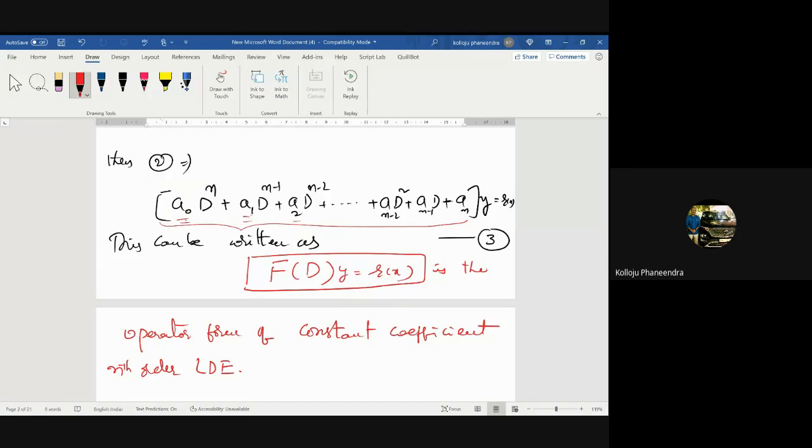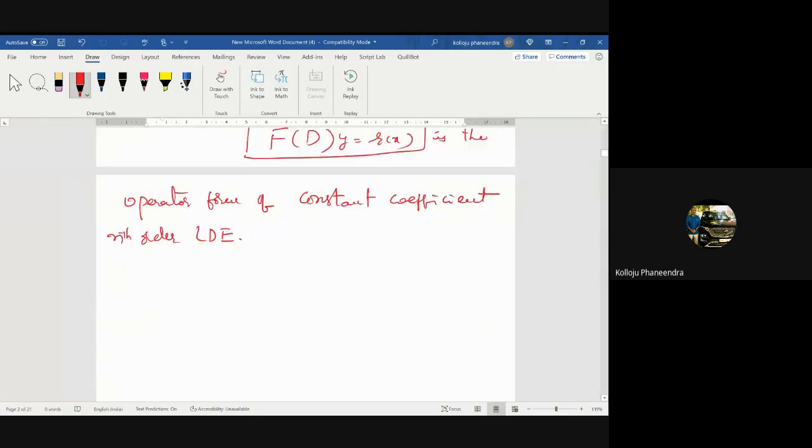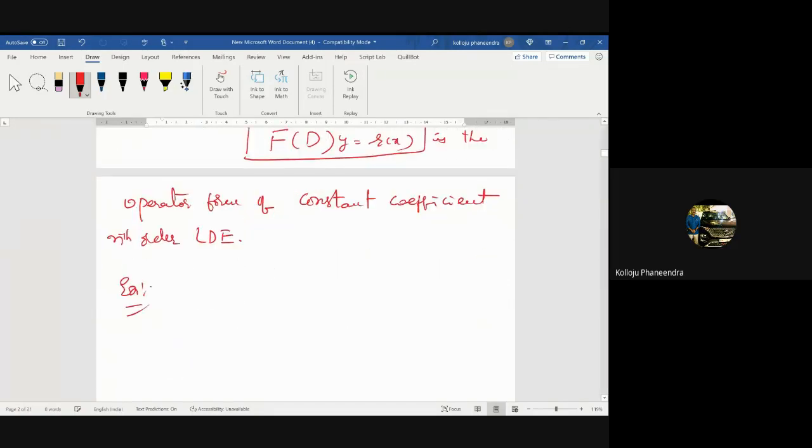So whenever f of D into y equal to R of x is given, it represents a constant coefficient differential equation. For example, see, if I write x square into d square y by dx square plus 2x minus 1 into dy by dx minus 2y equal to e to the power of x.